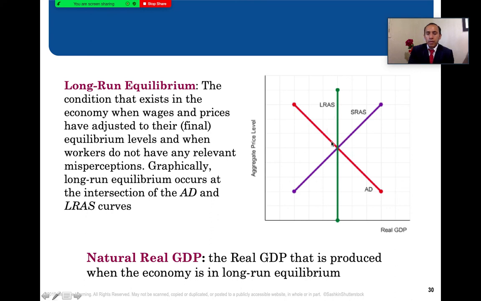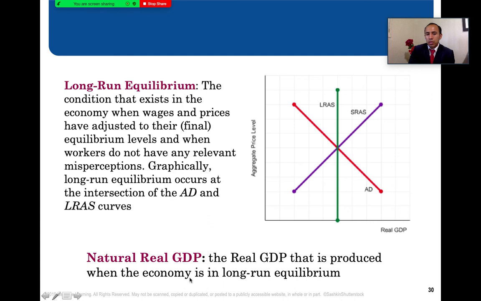If the economy is perfectly in short-run and long-run equilibrium, we have a price level that is in long-term equilibrium, and the actual level of GDP is equal to the natural level of GDP.